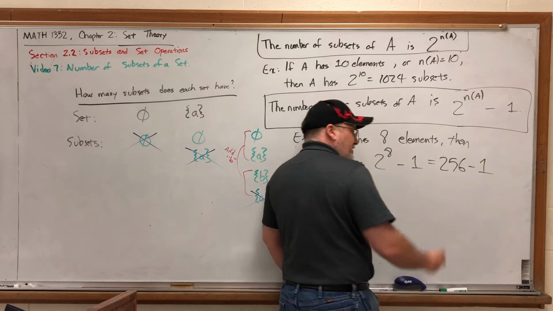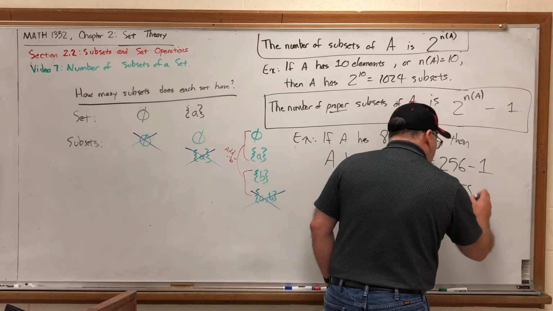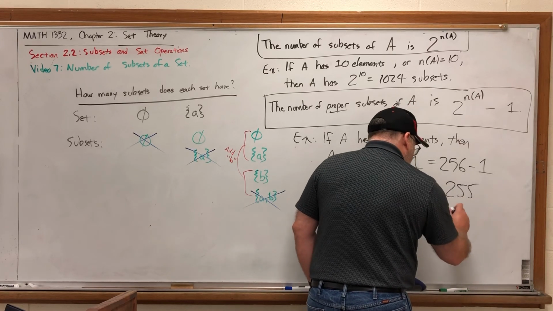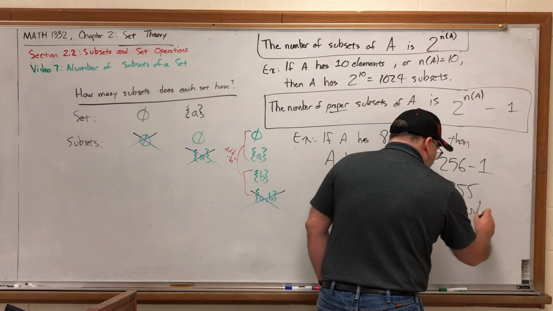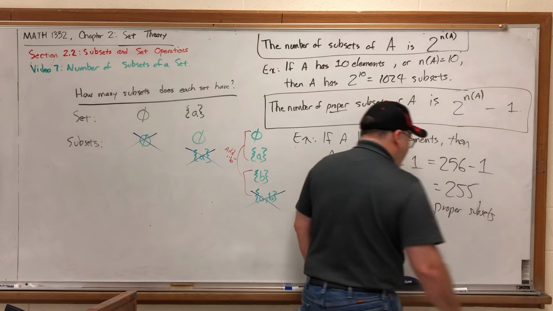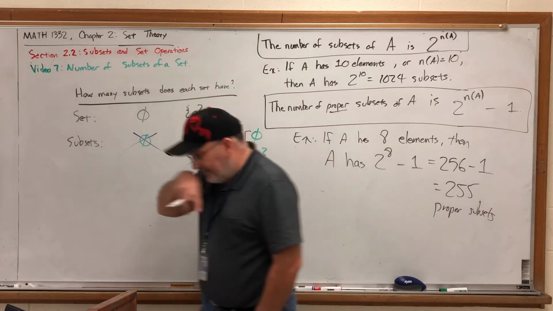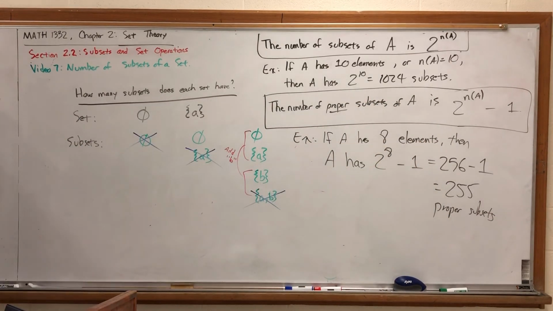But 256 minus 1 is 255. Proper subsets. It's all the subsets, but you have to throw away the original set itself. Hence the minus 1. So it's a fairly straightforward calculation. If the symbols are throwing you off, just remember, count the number of elements, multiply the number 2 that many times, and then subtract 1, if it's proper.